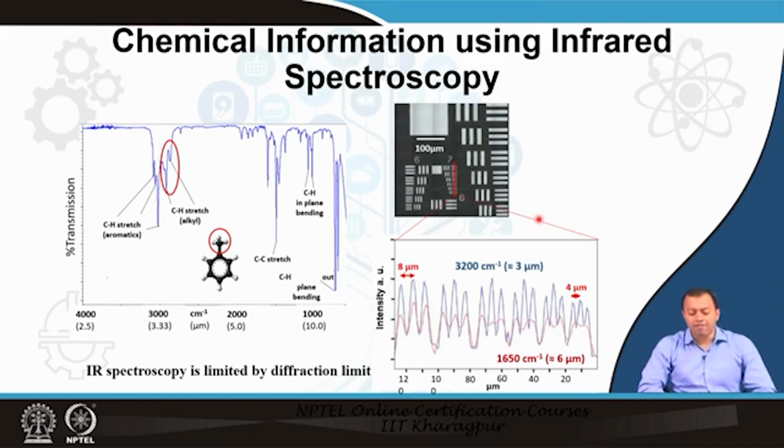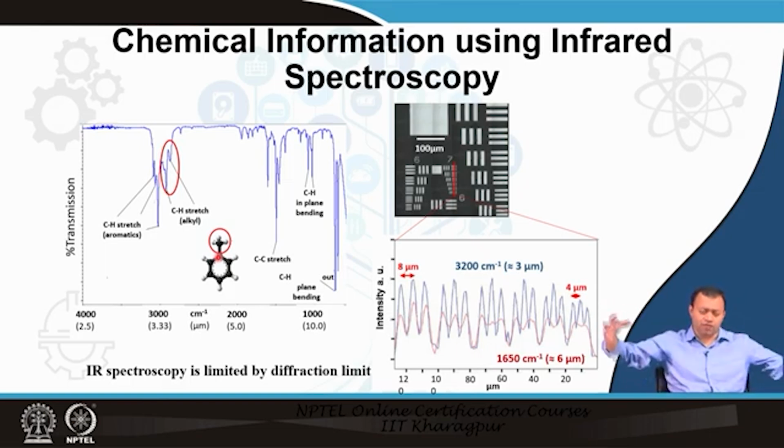However, if you want to know the chemical properties of the material, you are forced to resort to spectroscopy. We discussed spectroscopy quite a lot: molecules vibrate in the infrared region, so you send infrared light and see which particular frequencies are absorbed. Whenever I say light, I mean a large number of frequencies.